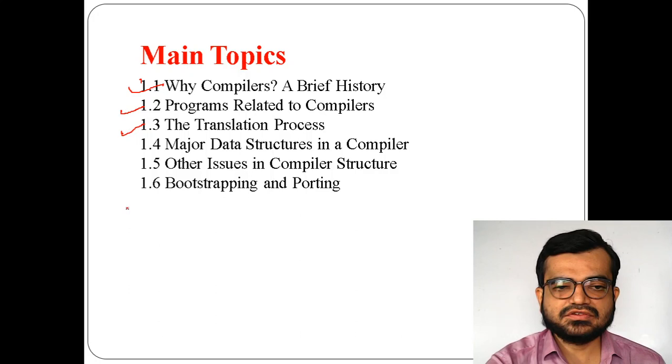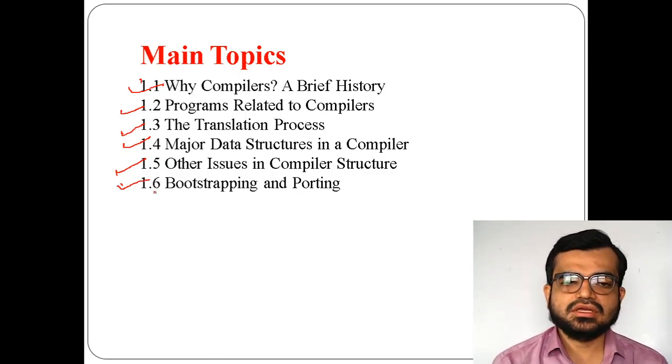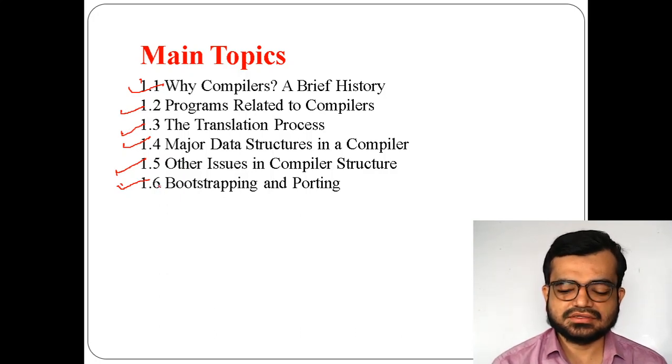This translation process requires the phases of a compiler, and the data structures, which are basically a combination of the symbol table. We also need to see the issues in compiler structures, and there is a process called bootstrapping and porting. This process is also covered in this first unit.